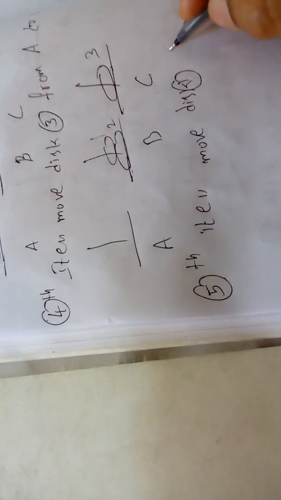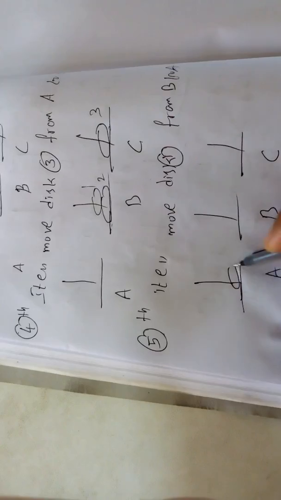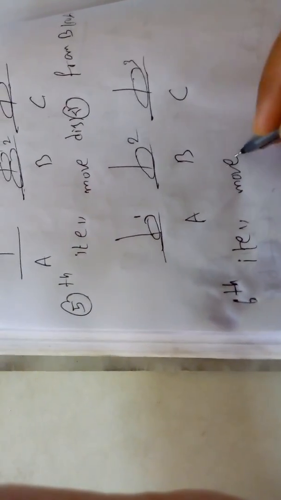Now the fifth iteration. In the fifth iteration, move disk 1 from B to A. Then the task will become A, B, C. On B we had 1, so we transfer 1 to A, where 2 is on B and 3 is on C. In the sixth iteration, move disk 2 from B to C. Observe carefully, each and every time we have to follow the rules.